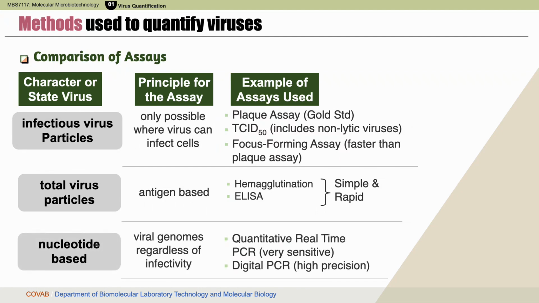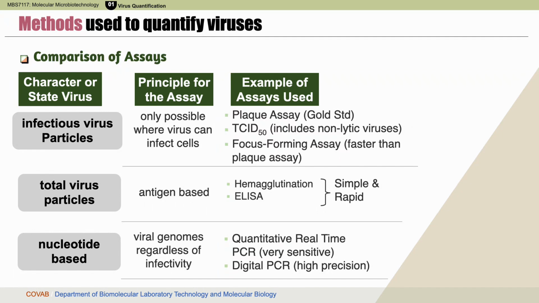Our third category of assays are those that are nucleotide-based. So we need not have the whole genome and it need not be infectious. What we just need is part of the nucleotide. The principle underlying this assay is that we're going to quantify the genomes regardless of their infectivity.